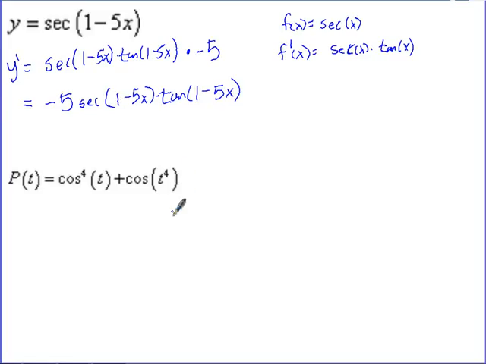Okay, now this is the last one. So I have cosine to the fourth power of t plus cosine of t to the fourth power. So do y'all notice something? This is actually two chain rules.